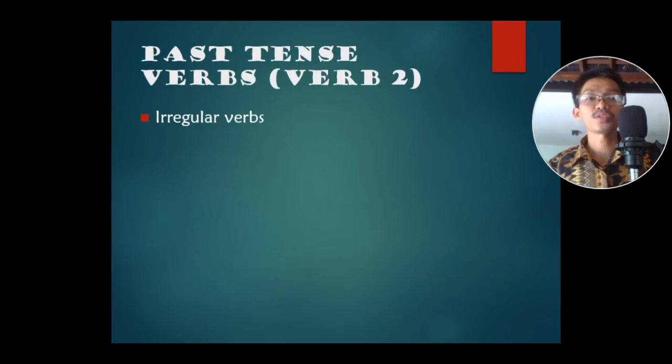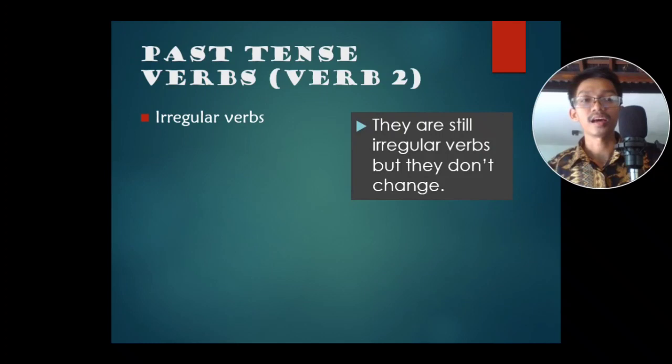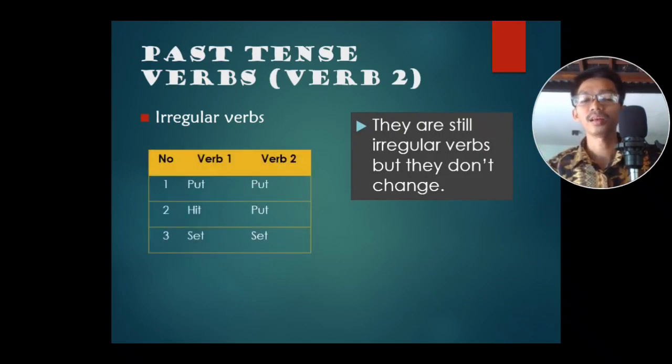Irregular verbs that stay the same. There are still some irregular verbs, but they don't change, so they just stay the same. For example, put, that is verb 1, and verb 2 is still put. Hit, sorry, it should be hit.